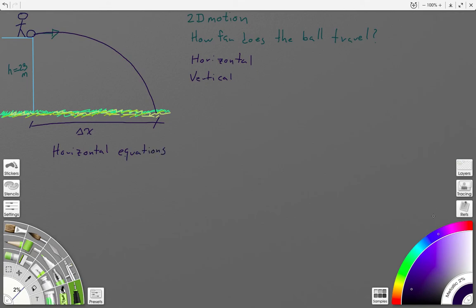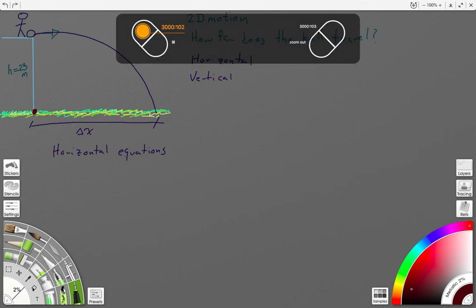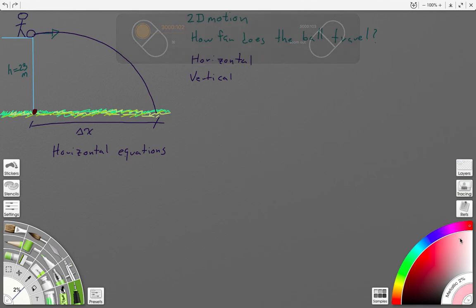One thing that is very important for us to actually determine at the very beginning of a problem is our plane of reference. Where is our origin going to be? So for this problem, for simplicity, I'm going to place my origin here at the base of my building. And we'll define that in this step. Let me put another brighter color so that we can actually look at it. So that is my origin.